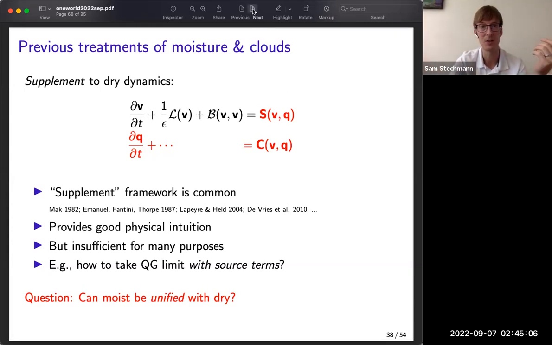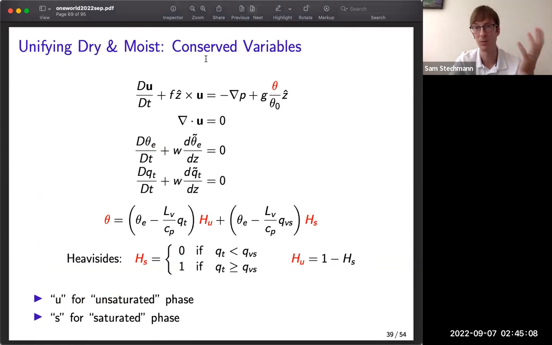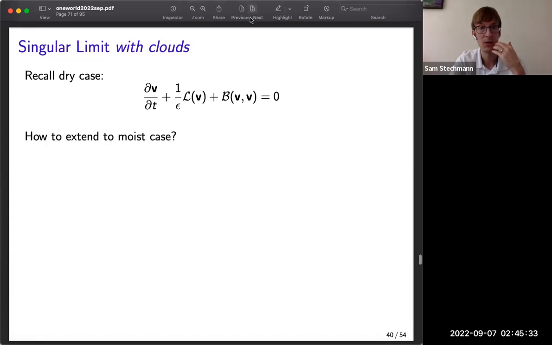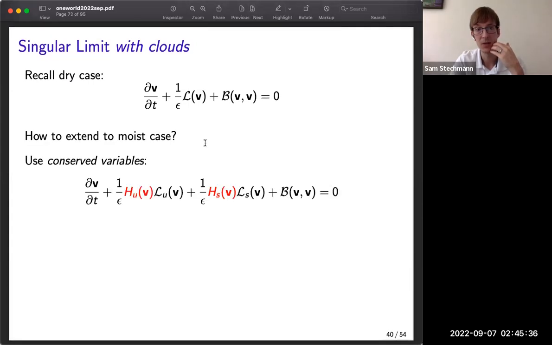And again, it's going to be to use these conserved variables. This is another version of the equations I'd written down earlier, now with the conserved variables theta_e and q_t. Now where the clouds and phase changes appear is in the buoyancy, and it's in these Heavisides. So when I look at this abstract form of the equations, now with clouds, in the moist case, this is the way things look if I write it in terms of conserved variables.